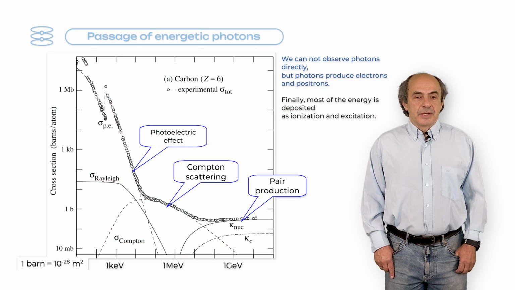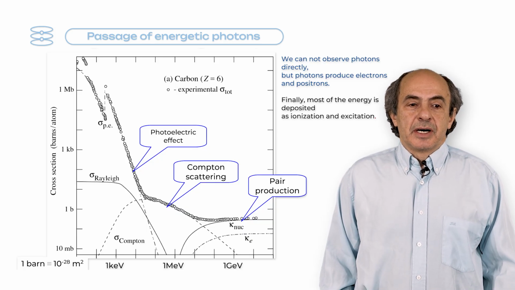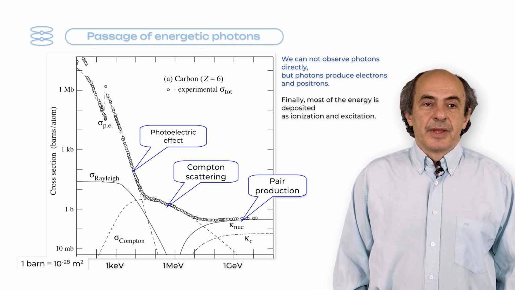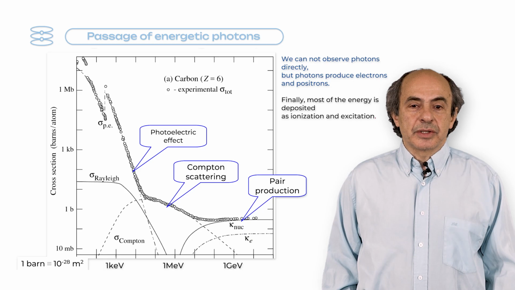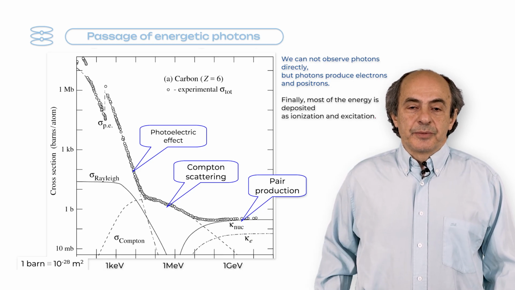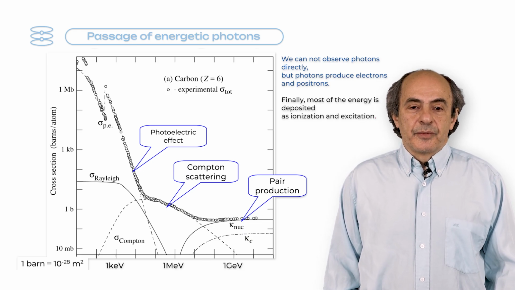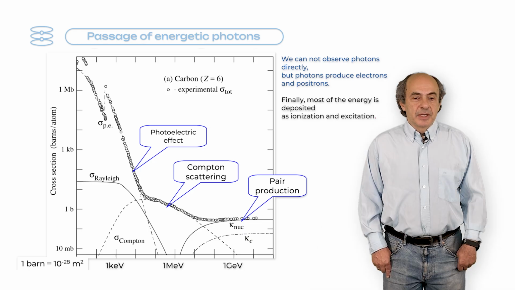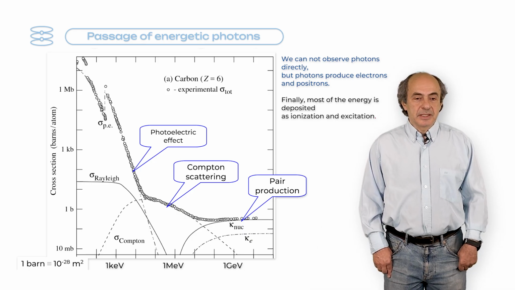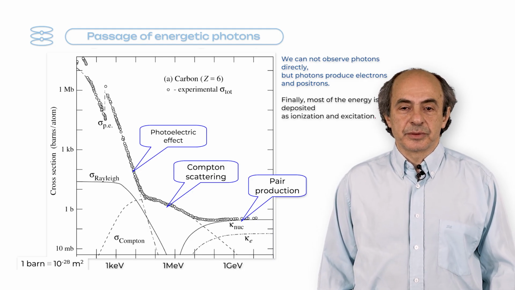A different story comes with photons. When the photon is not very energetic, we have the photoelectric effect, and an electron is knocked out from the matter, and the photon is completely absorbed. With photon energy in the range of a few MeV, the photoelectric effect becomes very small, and we have Compton scattering, when the photon just loses some part of its energy, which is transferred to an electron.